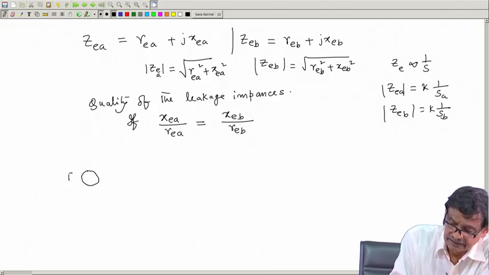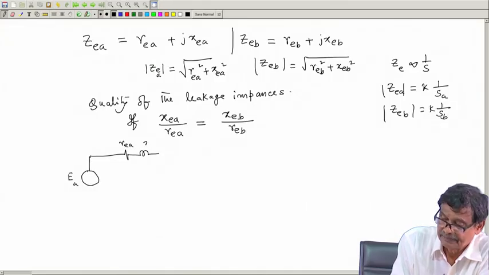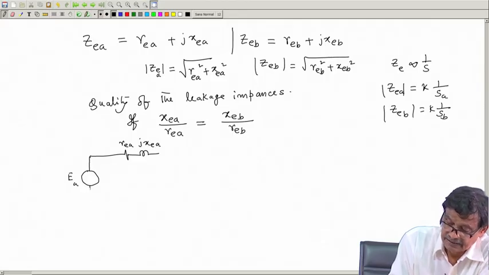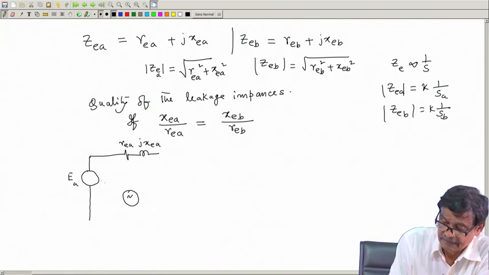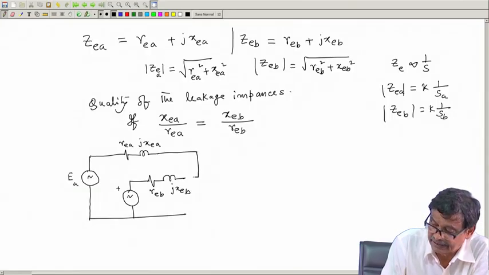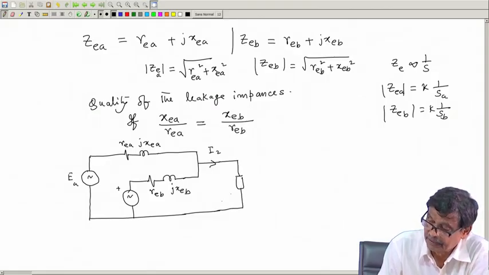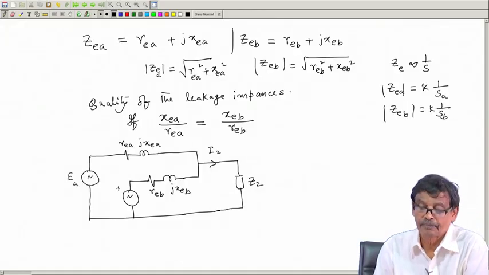This is EA and this is your REA, XEA, and this is your EB, the equivalent circuit referred to the secondary side of both transformers, and this is your I2, and here is your secondary load, Z2.